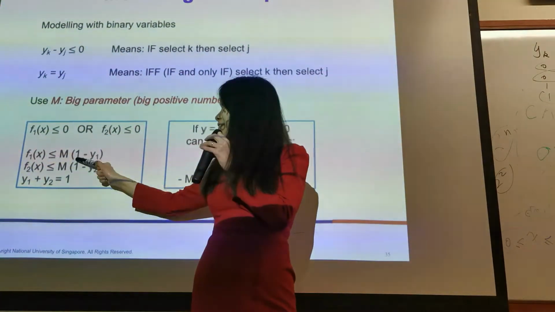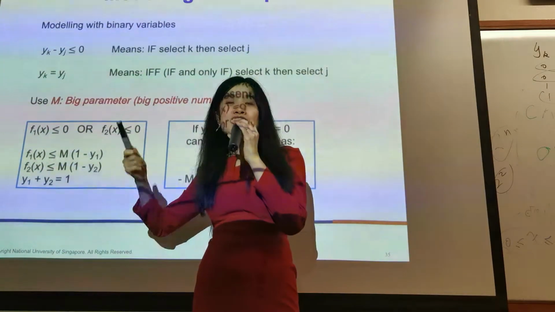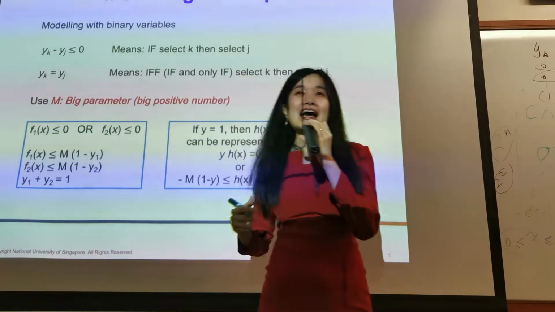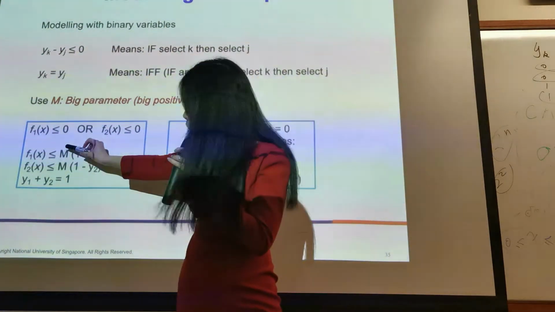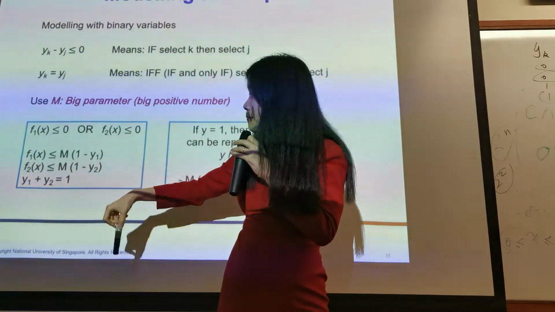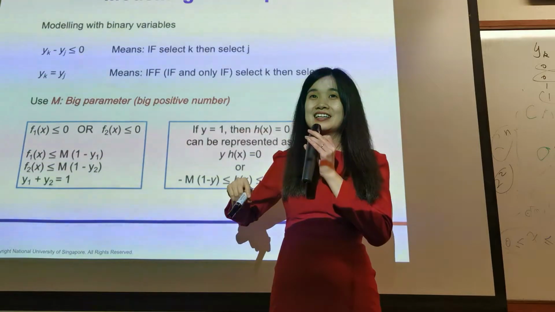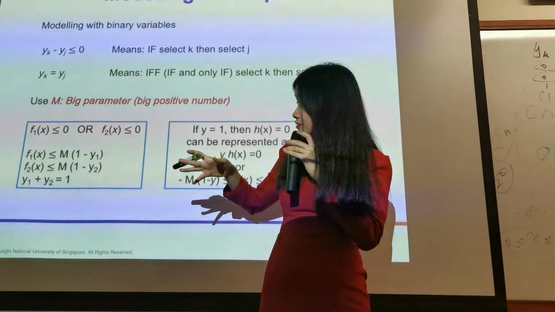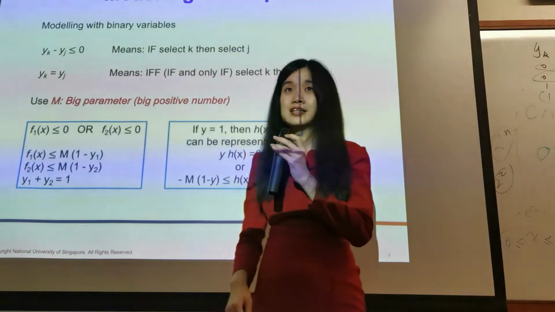So this big M will not function, because any number multiplied by 0 is 0. So it means F1 is smaller or equal than 0 if I choose y1 equals 1. So this means if I choose y1, then this constraint holds.